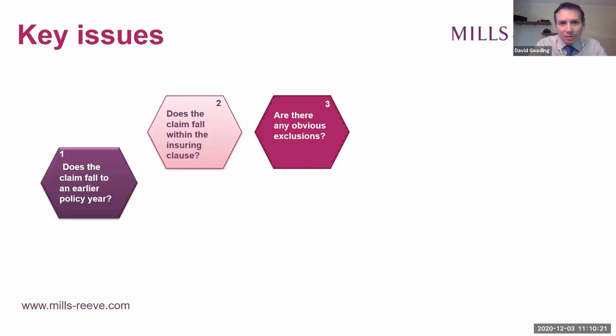I'm going to come on to remedies in a moment, but it is quite difficult for insurers to decline cover for fraudulent or dishonest conduct on the part of the insured which gives rise to a claim. Essentially, what you need to do is establish that all the principals of the firm were dishonest, or if it's a company, all the directors, or an LLP, all the members.